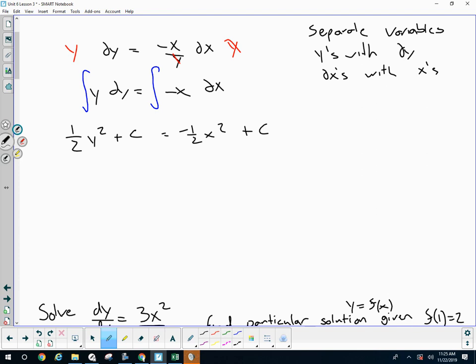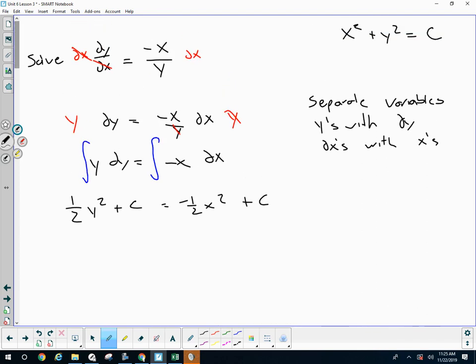What are your instincts telling you to do right now? Solve for y. Well, to get what we're looking for, I want x squared plus y squared equals c. So it's like, let's combine our c's. Anybody thinking of subtracting our c's? Now, a lot of people think when you subtract c, you're just going to get 0. They're gone. Not true.